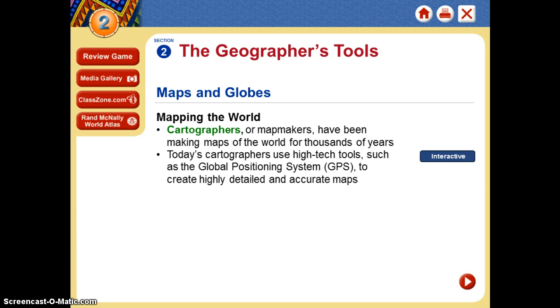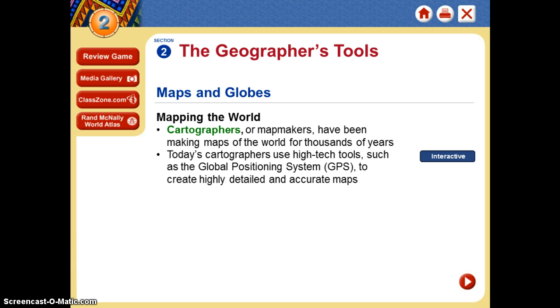Well, in order to map the world, cartographers or map makers, so know the definition of the word cartographers. It is map makers. They've been mapping the world for thousands of years now, all the way back to ancient times. Now, today's cartographers use high-tech tools such as the Global Positioning System. We all know about Google Earth, things of that nature.